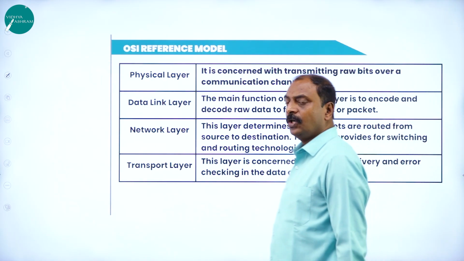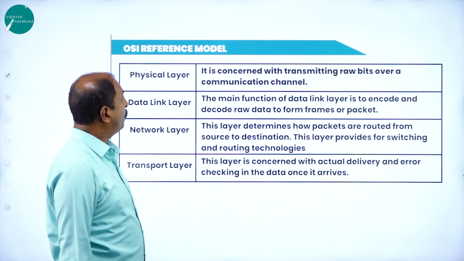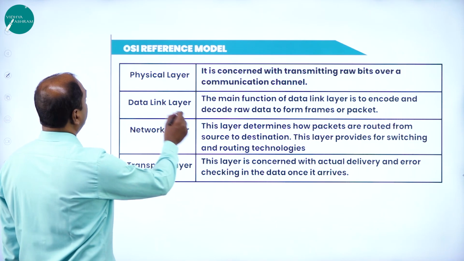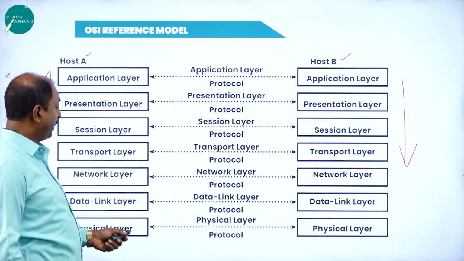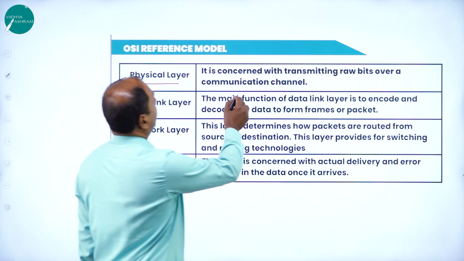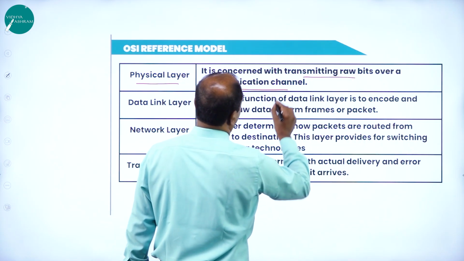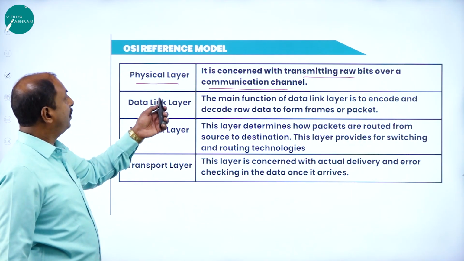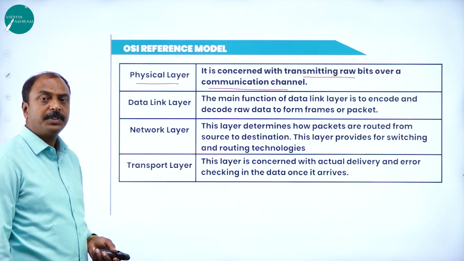Now let us see what are all the functions of different layers in OSI reference model. The first one is physical layer. This is what you have seen, physical layer from the bottom here. This physical layer is concerned with transmitting raw bits over a communication channel. So this is the way we are transferring the data from computer to the medium, transmission medium.